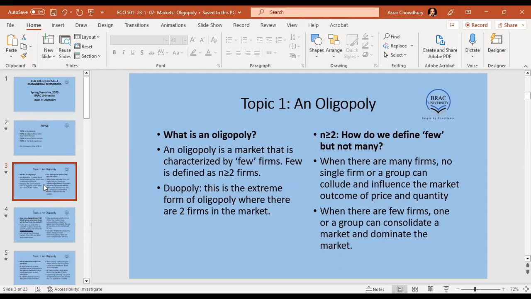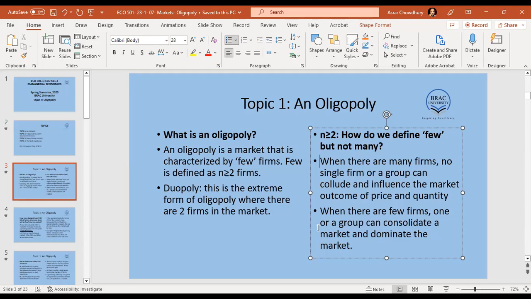Now, when we use this inequality as n greater than or equal to 2, it has 2 statements. If n is equal to 2, then it is a duopoly. This is the extreme form of oligopoly, because if it is less than 2, it becomes a monopoly. Now, when there are many firms, how do we define few, but not many? When there are many firms, a single firm or a group of firms cannot collude and influence the market.